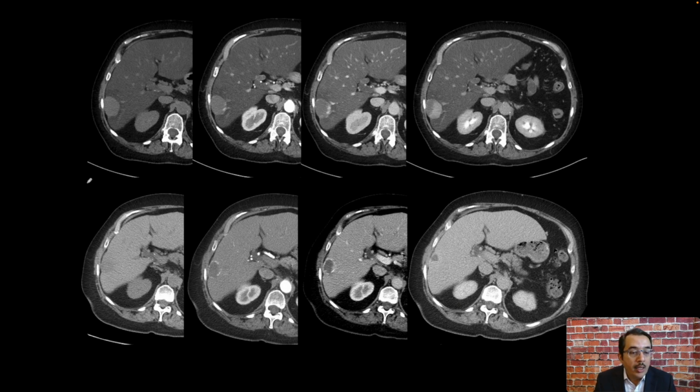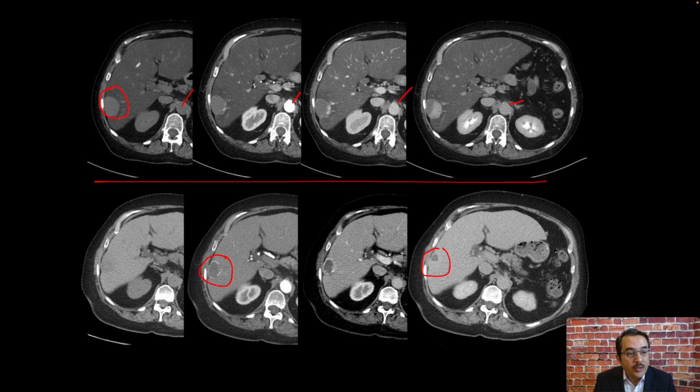Next patient had two different CT scans. These are both multi-phase studies at two different time points looking at a tumor in the liver, and the enhancement characteristics of the tumor suggest that this is a hemangioma. The teaching point is right here on this non-contrast enhanced phase where the hemangioma is hyperdense.